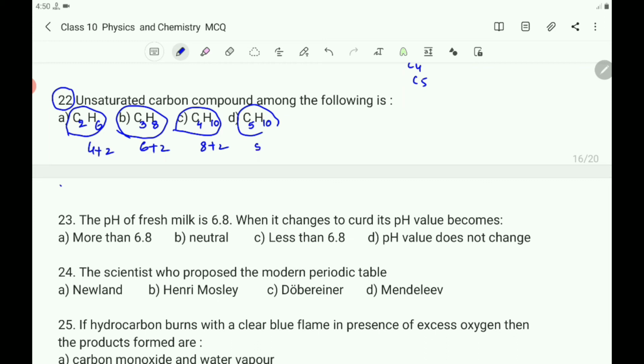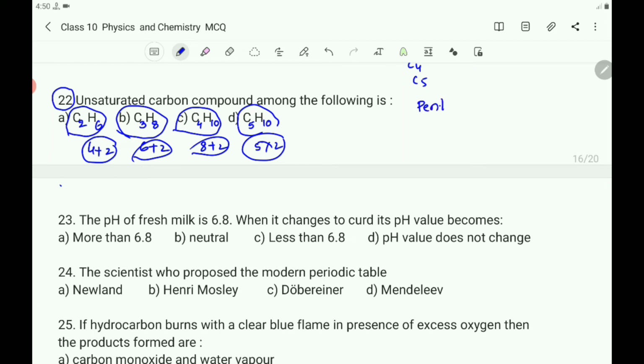Here 5 2s is there. Here the formula is CnH2n plus 2. Then here 5 2s is there, that is, you can say that it is pentene.